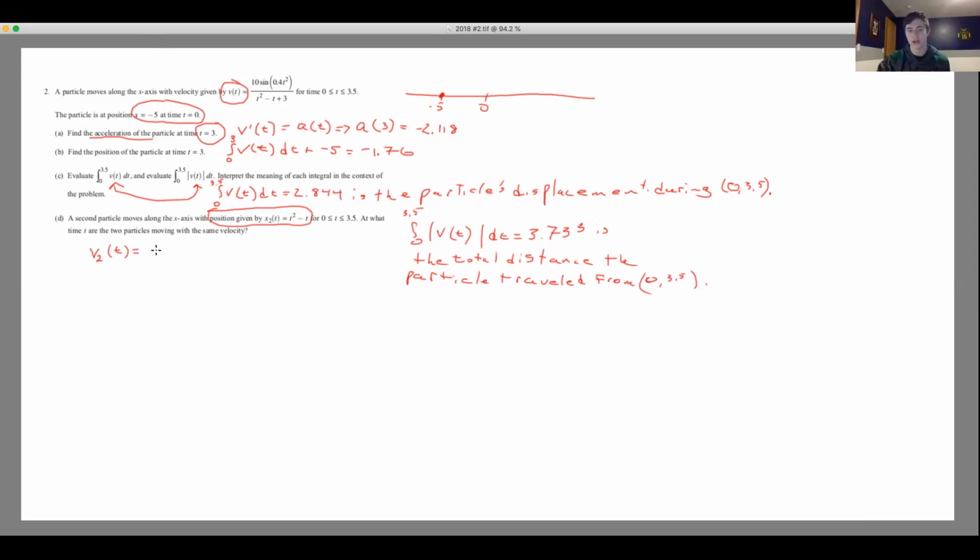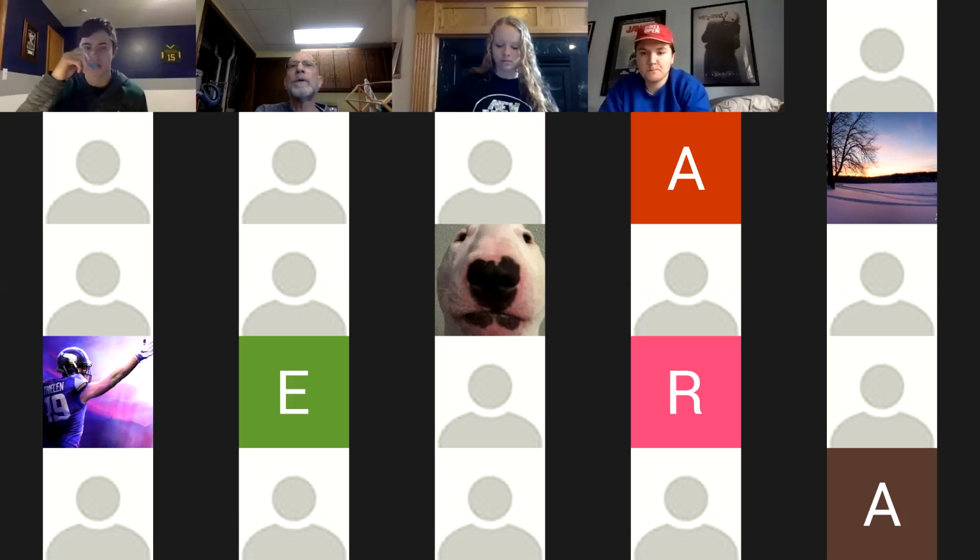Yeah. What is it? 2t minus 1. Okay, so I know that. So what do you think I should do with it now? Plug that into your y2 and then find where they intersect. That's exactly correct. So that's what I'm going to do.